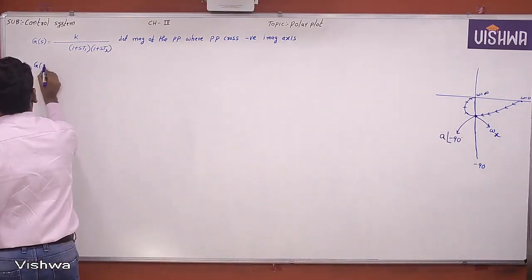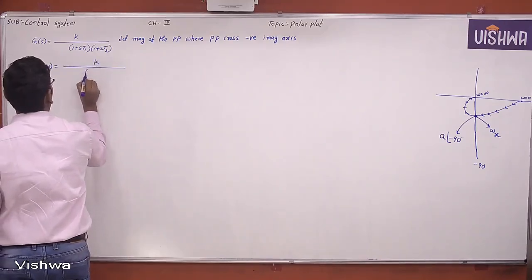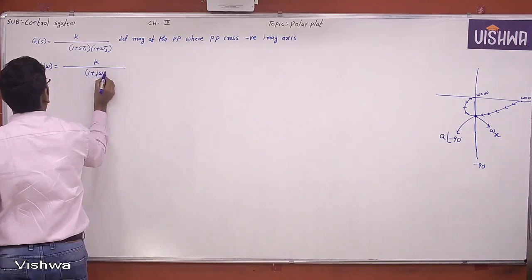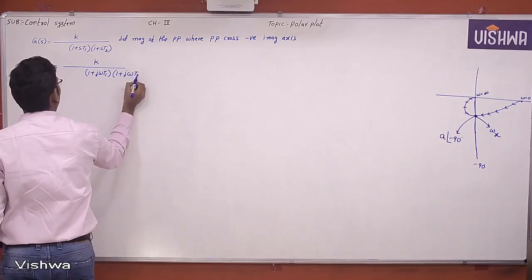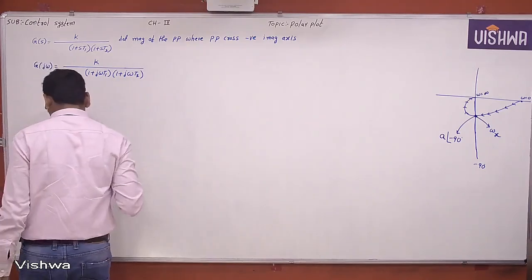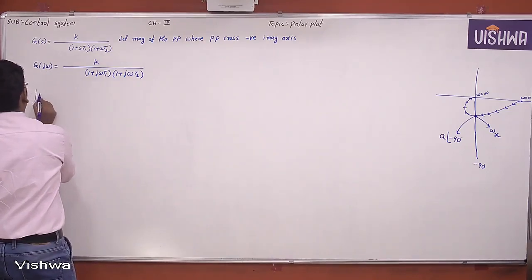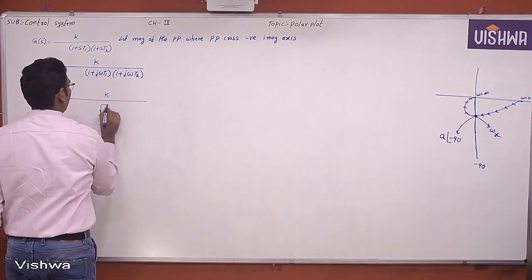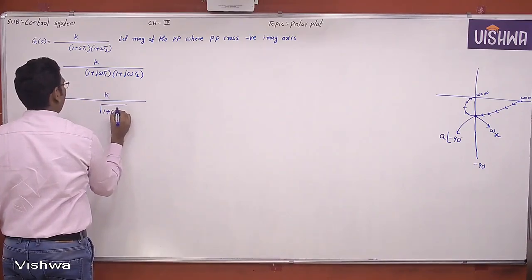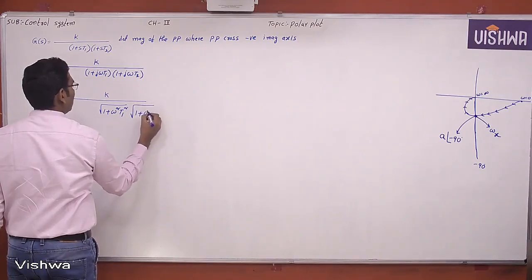G of j omega is nothing but K divided by (1 plus j omega T1) (1 plus j omega T2). So what is the magnitude? The magnitude of G of j omega is equal to K divided by square root of a square plus b square.